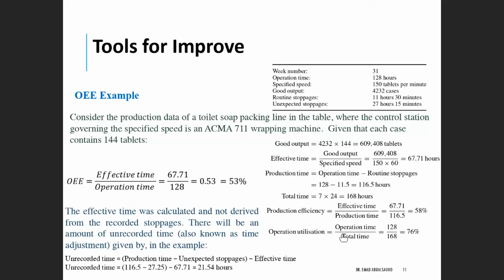And in this case, the total time here, which is available to be working also, the 168, which comes from the 24/7, and the operation time where they are working is 128, so it is 76%. Not bad, but also can be improved.